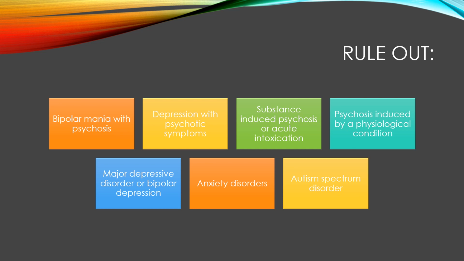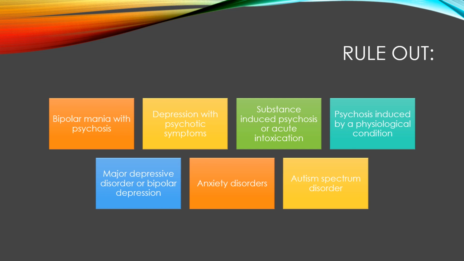You want to rule out bipolar mania with psychosis, depression with psychotic symptoms, substance-induced psychosis or acute intoxication, which I am seeing a lot of more often from methamphetamine abuse.